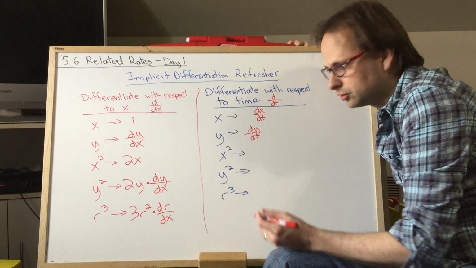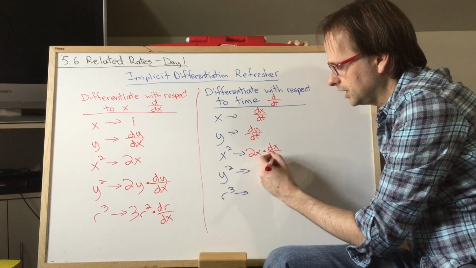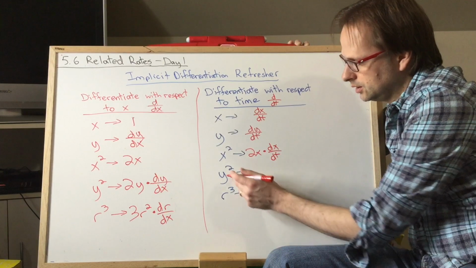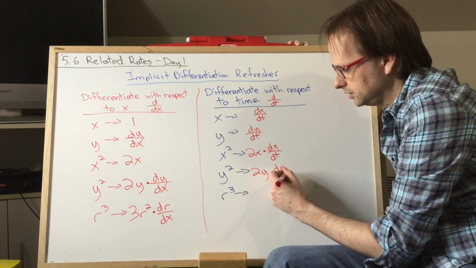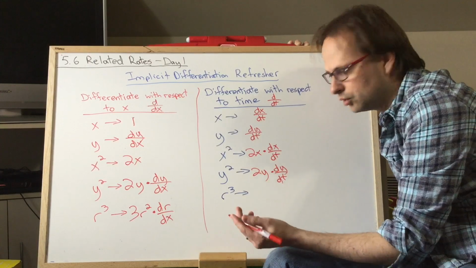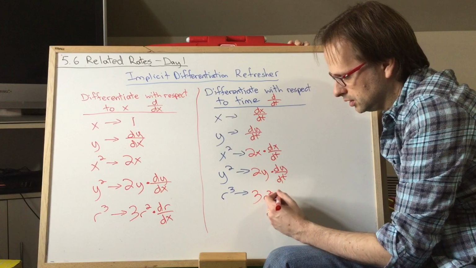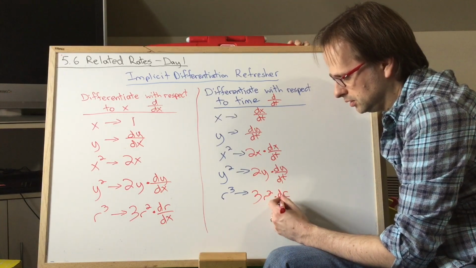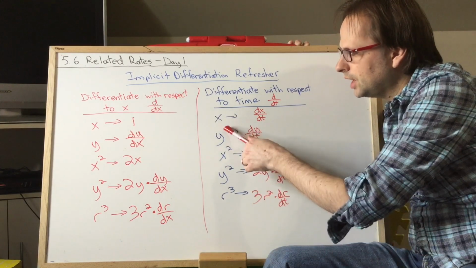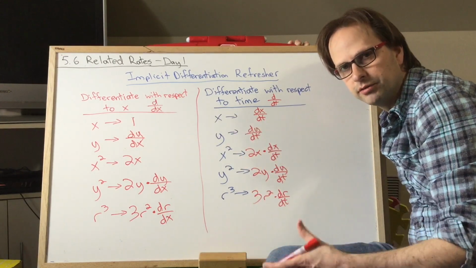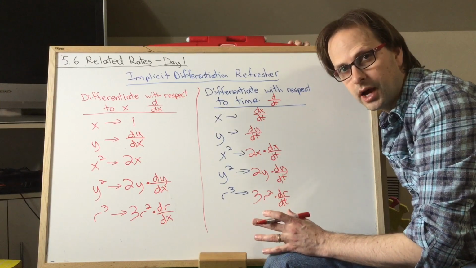The derivative of x squared will be 2x times that derivative tacked on to the end. This one's going to turn into 2y dy by dt from the chain rule, and this one's going to turn into 3r squared dr by dt. So I guess the takeaway is that even x has to have that derivative tacked on to the end if we're differentiating with respect to time.